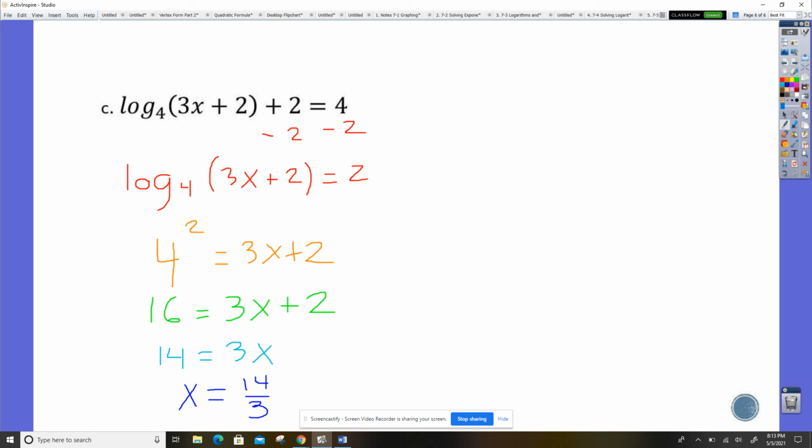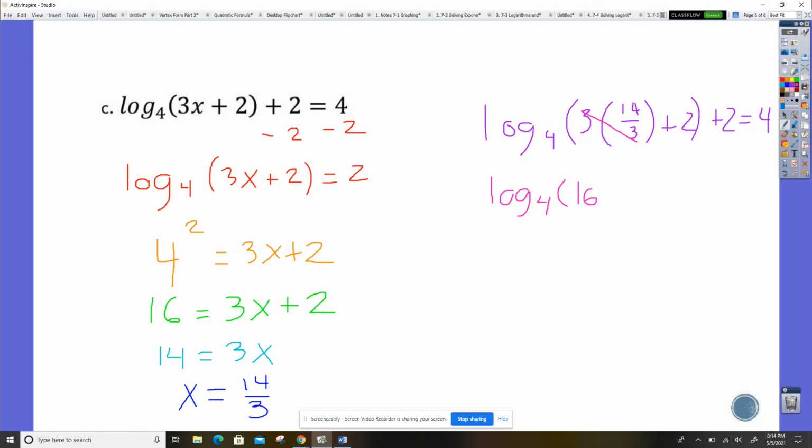Now, again, we always like to check just to make sure. So if I plug this back in to check, I'm going to get log base 4 of 3 times 14 over 3 plus 2 equal to 4. All right, now if I simplify that, these 3's cancel, and I'm left with log base 4 of 14 plus 2, plus 2 is equal to 4.